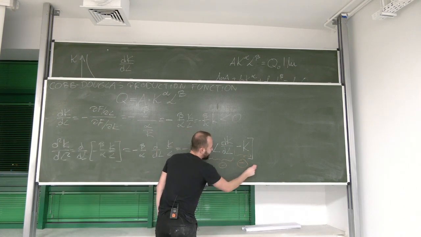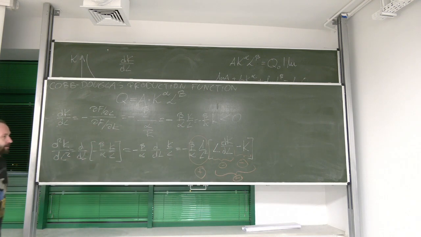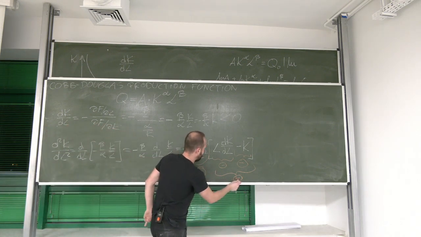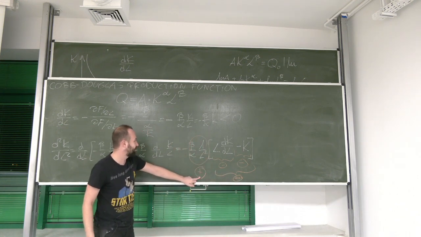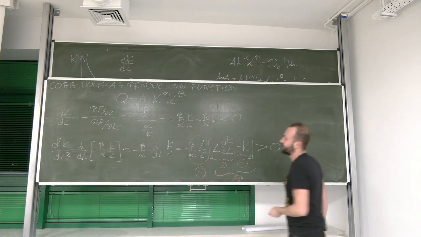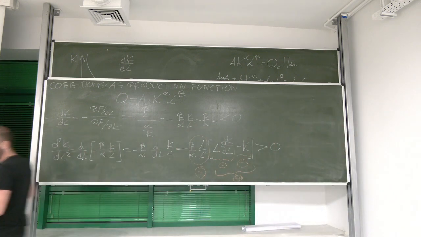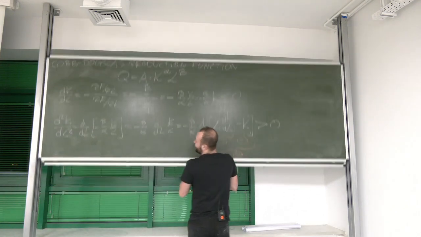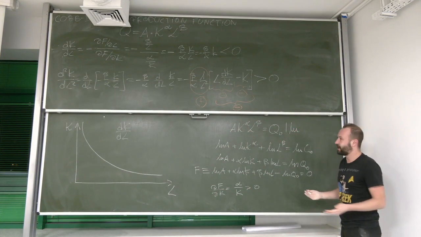So this entire expression is negative, times an expression that is positive gives us minus, and minus in front, so everything is positive. And because the second derivative is positive, we can be sure that the function is convex, so the isoquant has this nice shape that we are used to from textbook economic models.